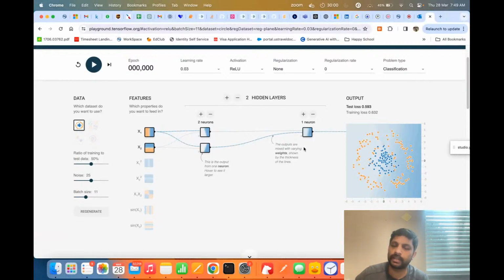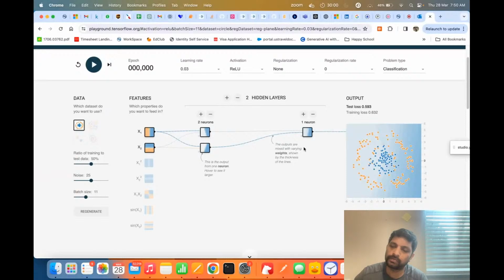So first we'll put z3 is equal to w31 times a1. What is a1? A1 is nothing but 1 by 1 plus e power minus z1, plus w32 times 1 by 1 plus e power minus z2, plus b31, right?